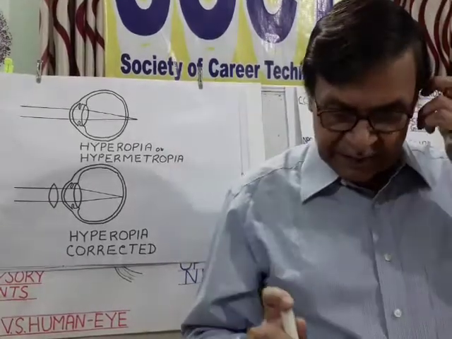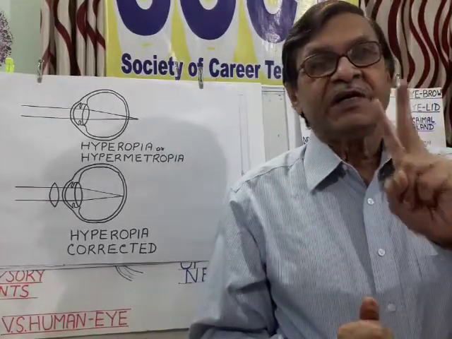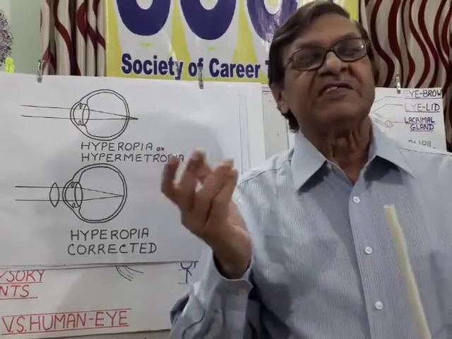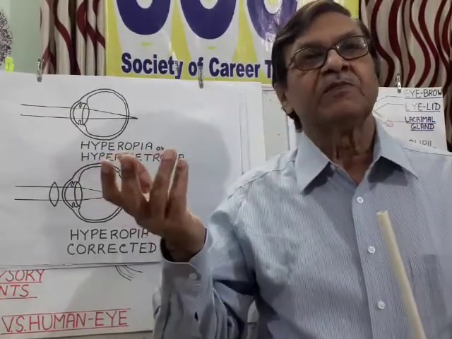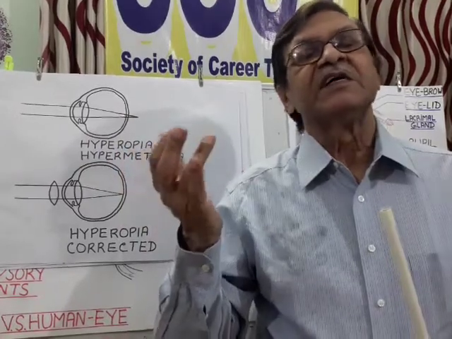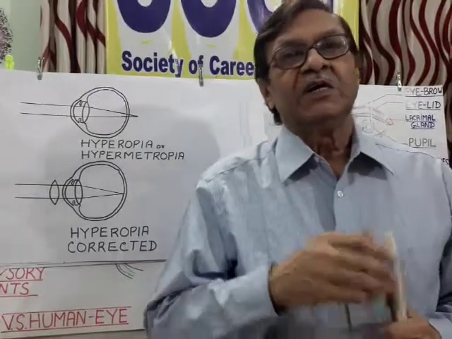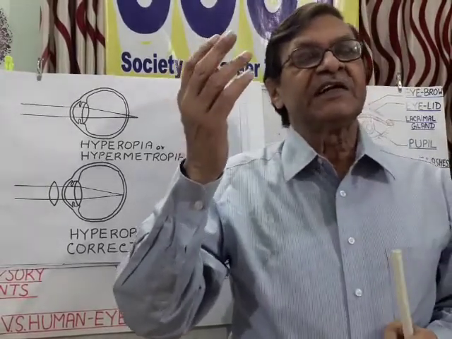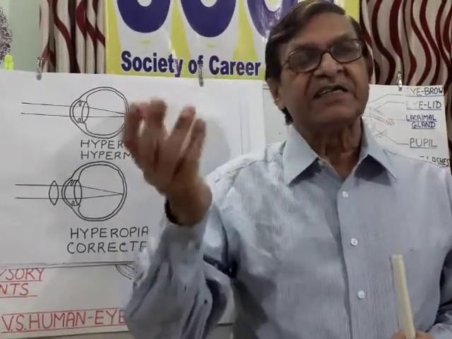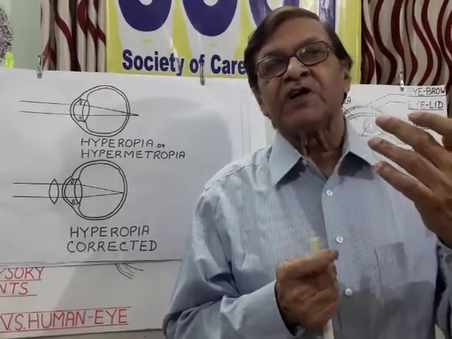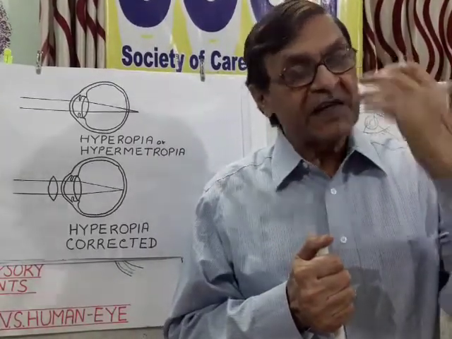Some persons have red-green color blindness. For some services, for traffic inspectors and for a railway guard or railway driver, they have to discriminate between red and green light in the night. So they are tested for the presence of color blindness.